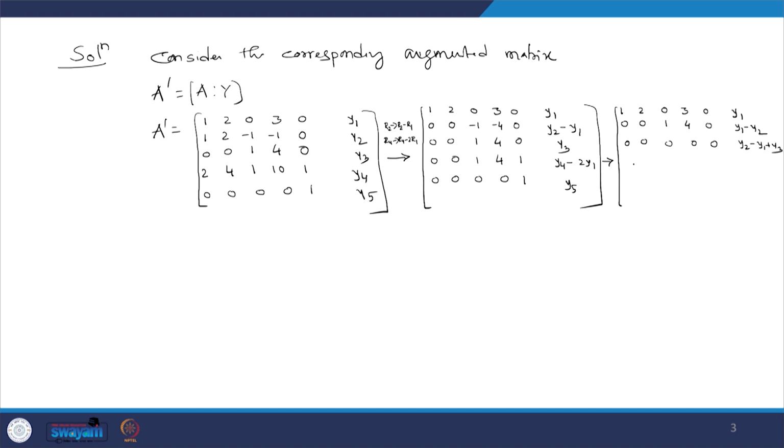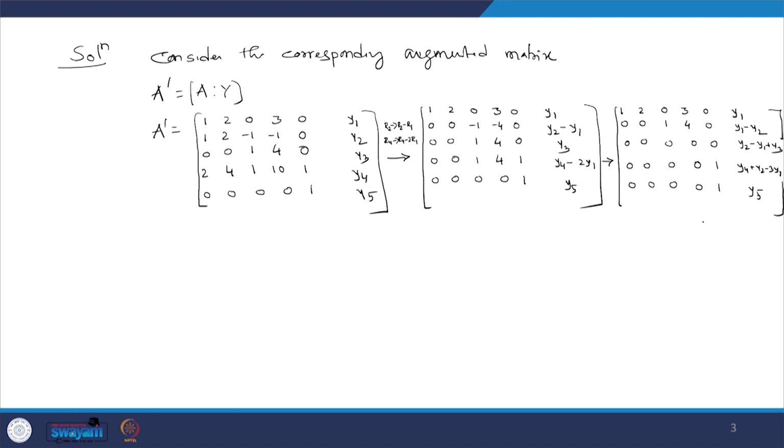Similarly, for R4, replacing R4 by R4 plus R2, I am getting 0, 0, 0, 0, 1, y4 plus y2 minus 3 y1, and the last row will remain as it is, y5. We see it is still not a row reduced echelon matrix.